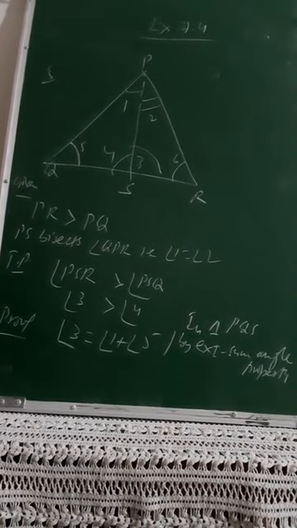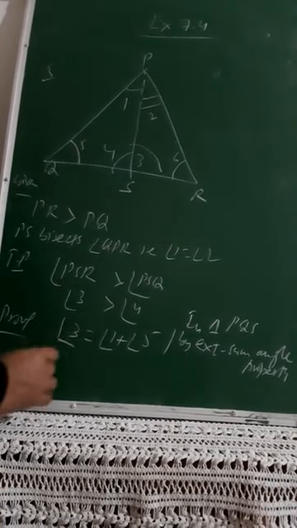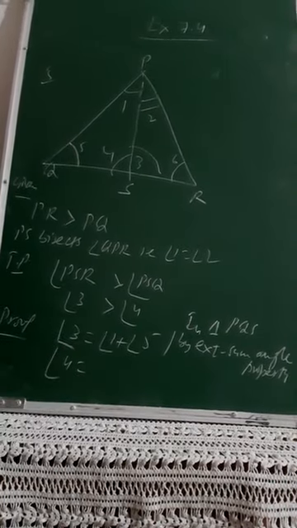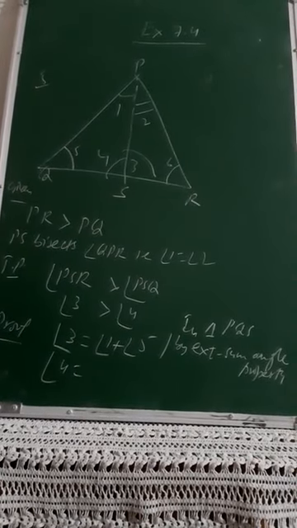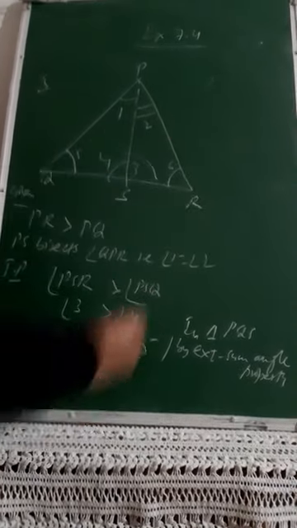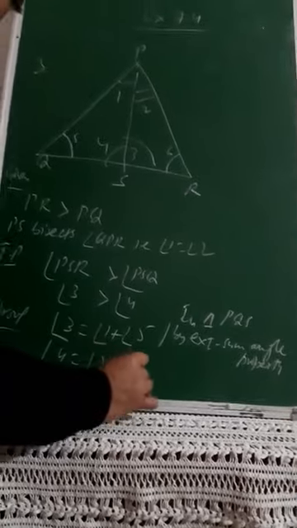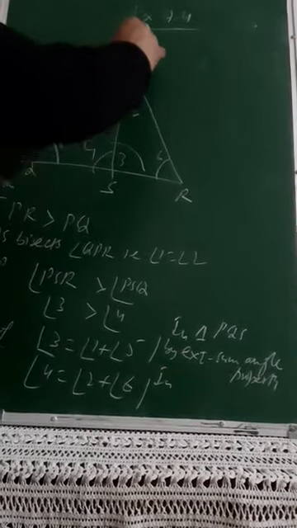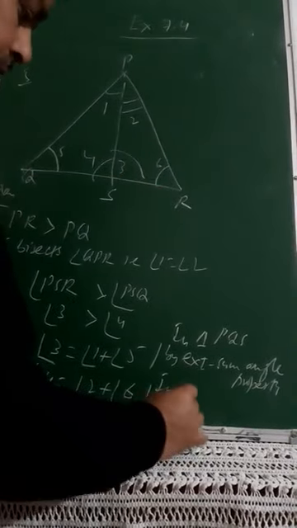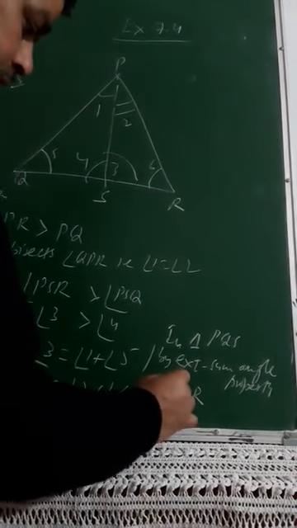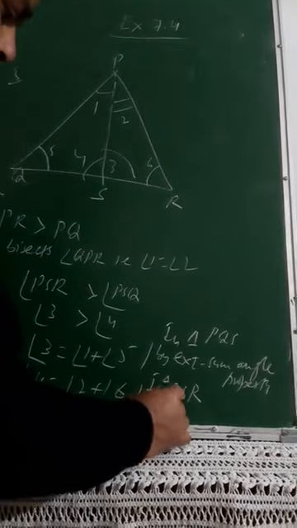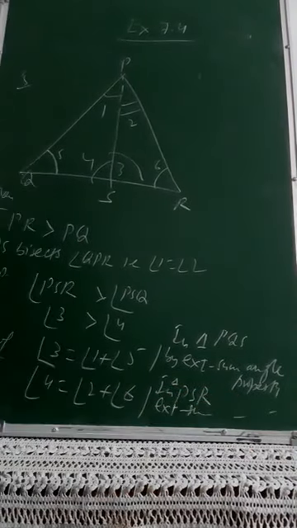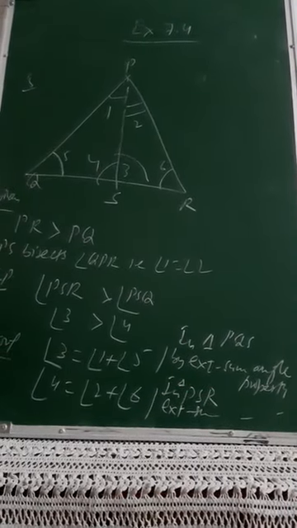And angle 4 is equal to angle 2 plus angle 6, in triangle PSR. Again I am applying the exterior angle sum property here.